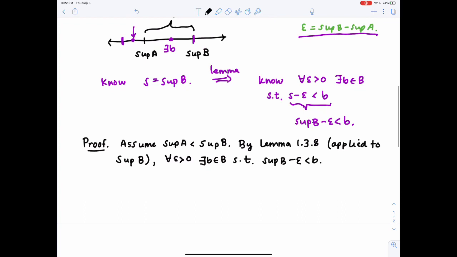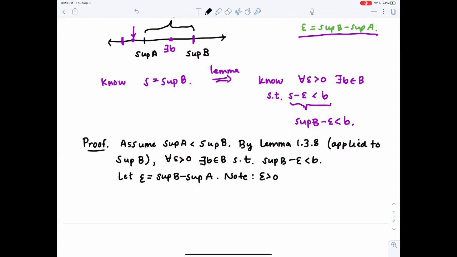So what we're going to do now is say, we know this is true for all epsilon. Someone hands me an epsilon, I can hand them back a little b. So in particular, I want to work with the epsilon value sup B minus sup A, so that the b I get is in the gap where I want it to be. So we're going to let epsilon equal sup B minus sup A. You might want to note here epsilon is greater than 0.